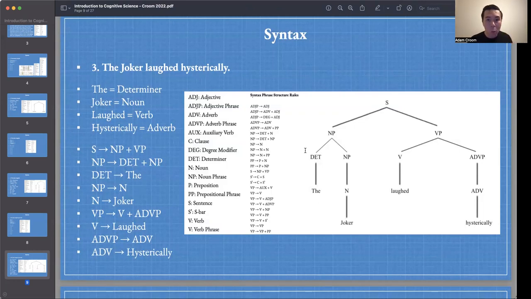And we see that that rule is provided here: under VP, it takes a V and an adverb phrase. So right here, we see that that's allowed. Great. And then we have a rule that says that an adverb phrase can take an adverb, and that's provided right here. Excellent. We know that all the moves that we want to make to provide this tree diagram are allowed and legal, and that gives us the tree structure for the sentence The Joker laughed hysterically.